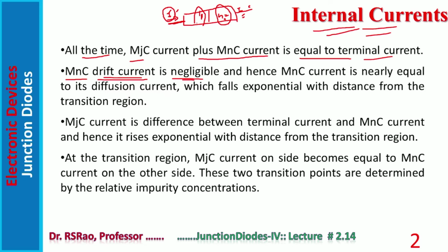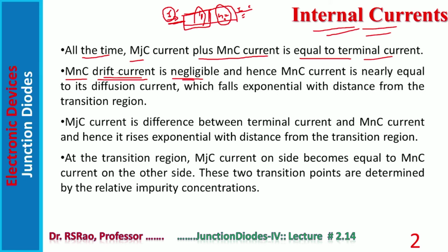In P region or in N region, minority carrier concentration is negligibly small, because they are minority carriers. This is one aspect. The second aspect is that P region and N region have very high conductivities. Therefore, potential gradient is very, very small in both these regions.